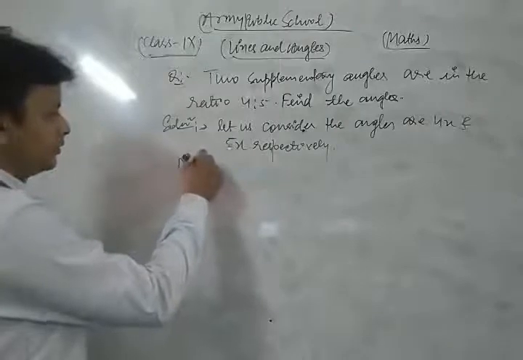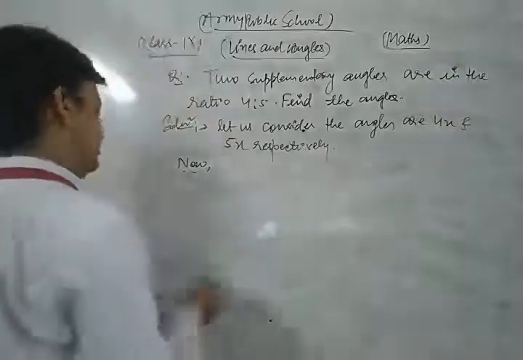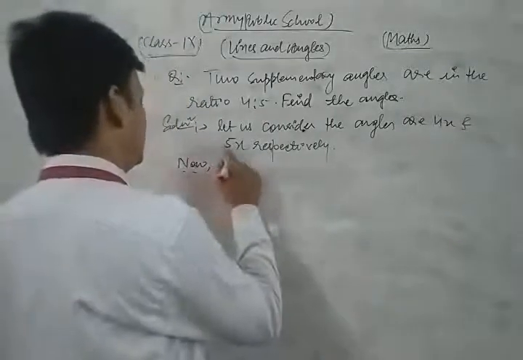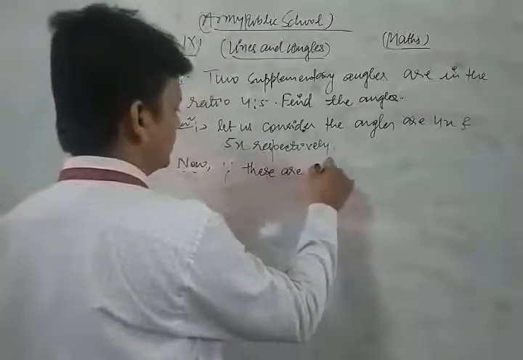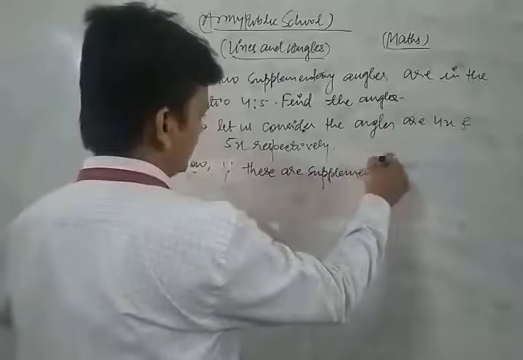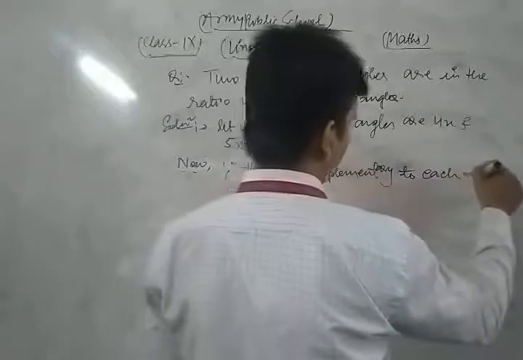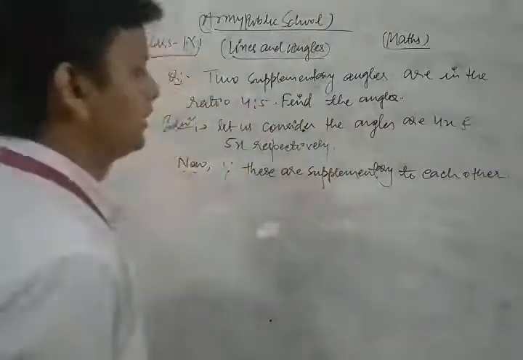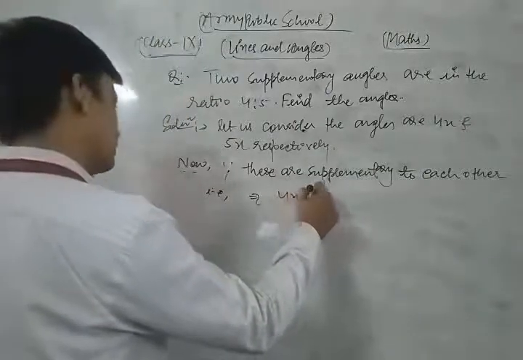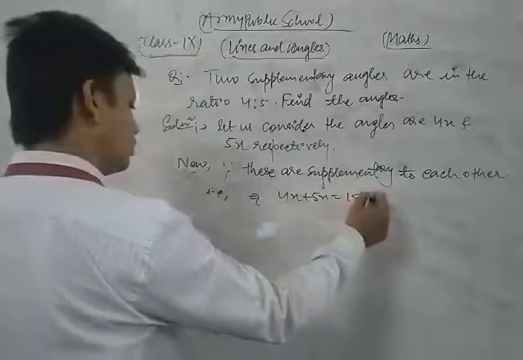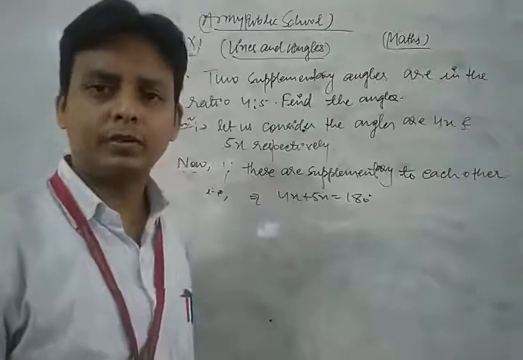Now since both are supplementary to each other, that is, their sum of measures is 180, that is 4x plus 5x is equal to 180 degrees.